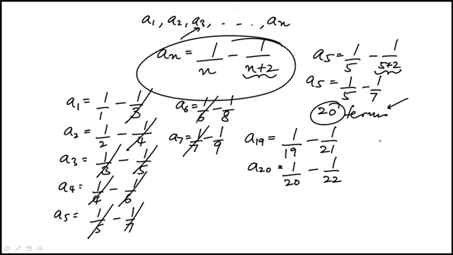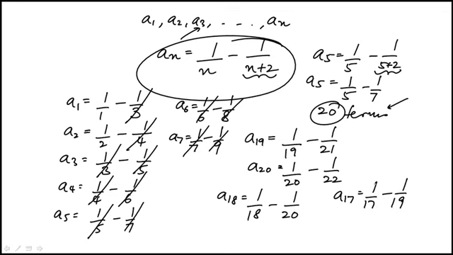And then what I have to see is what happens towards the end. So I need to backtrack a little bit here. A18 would be 1/18 minus 1/20, and then A17, because it's not clear as to what would be left. I know that all these things will eventually cancel, but towards the end is a little bit tricky. 1/17 minus 1/19.